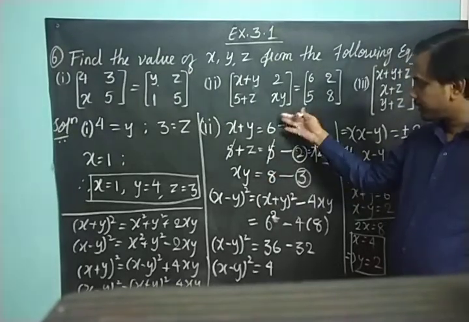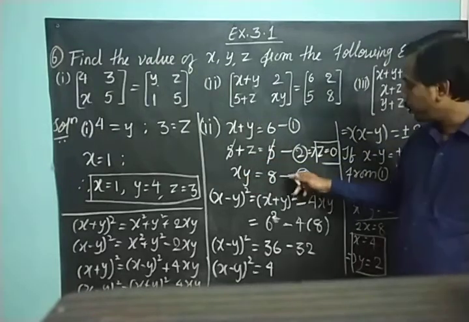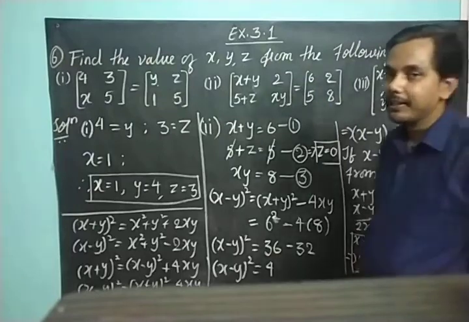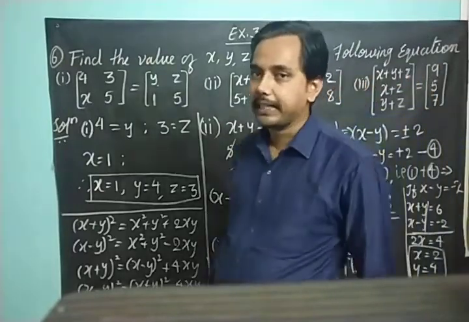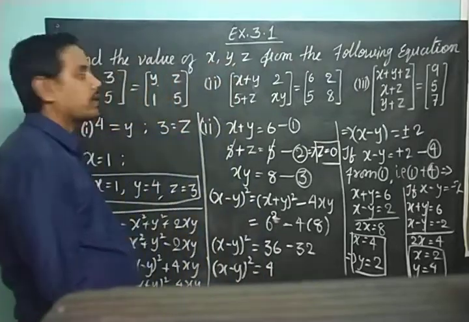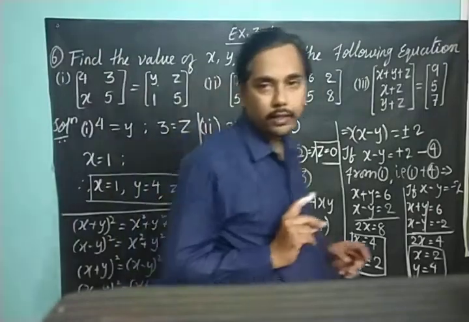Or shift y to the other side, x will be available in terms of y, substitute it here, you will get the value of y. Then resubstituting back, you will get the equation for x. Is that clear? So this is how we need to solve it. So now you pause this video and take down all the notes.